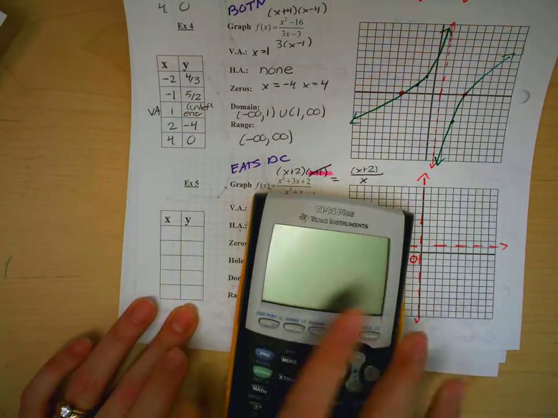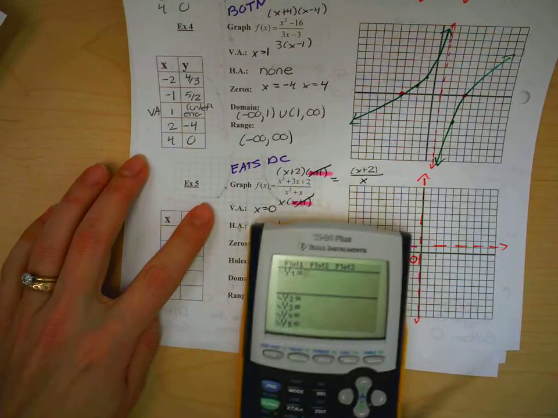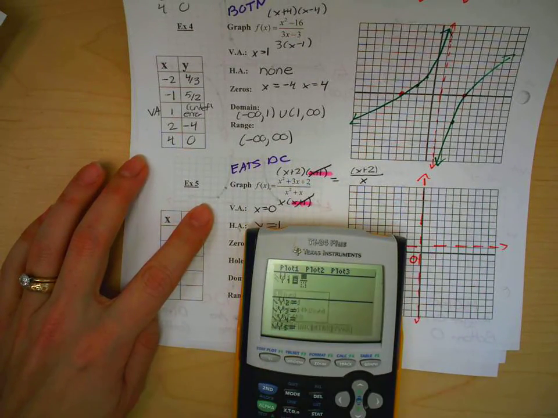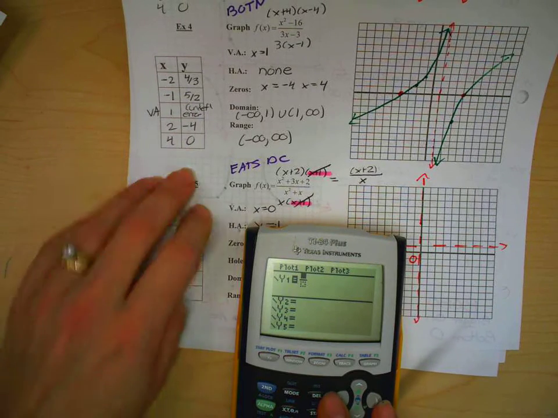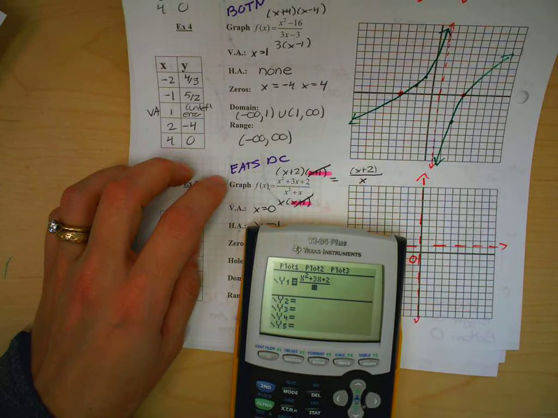So now let's get some points. So y equals, alpha, y equals, enter. We've got x squared plus 3x plus 2 over x squared plus x.